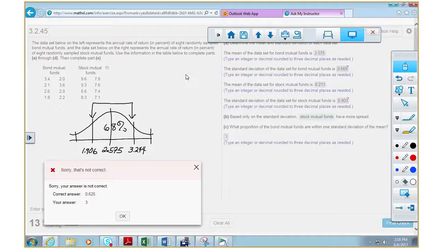I've never seen that question before. It would be the same either way. One standard deviation is... This is what I want. I don't know what they want. What proportion of the bond mutual funds are within one standard deviation. I mean, that's the same as what you're saying.